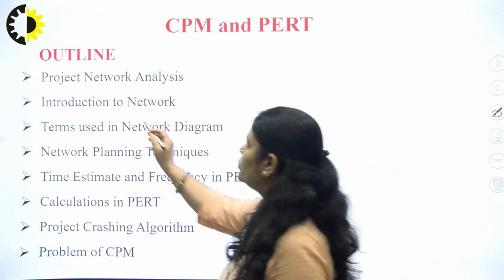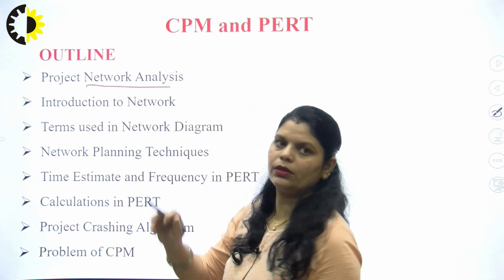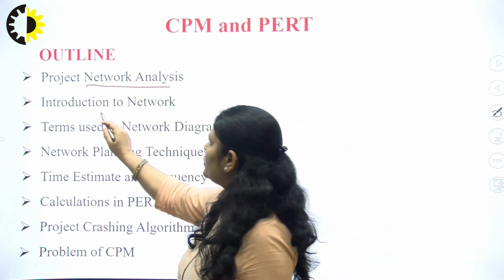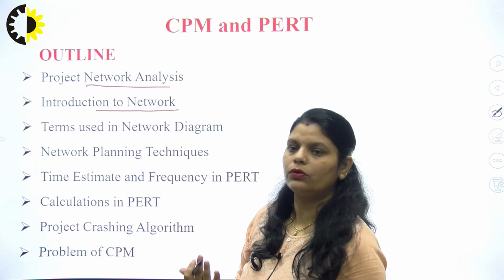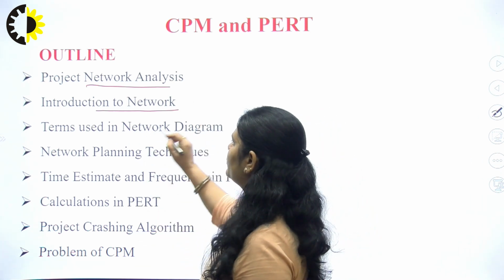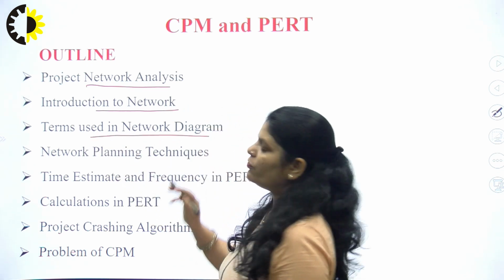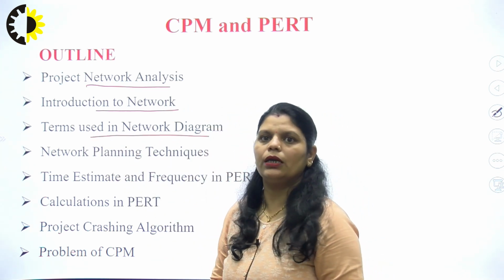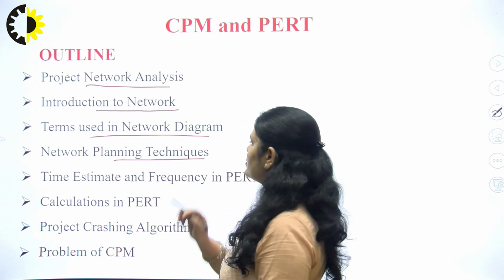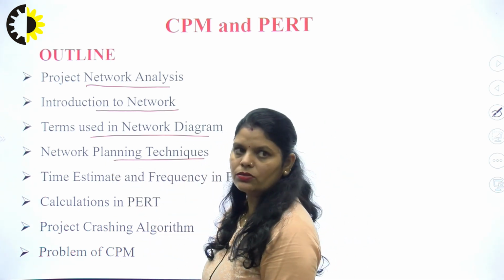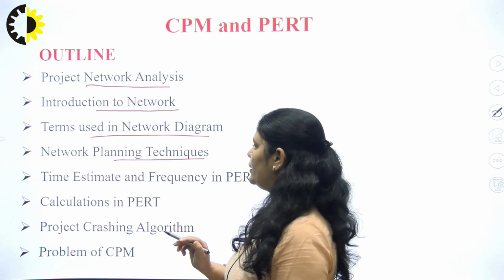First we are going to discuss the project network analysis, and after that we will discuss what is the network, how can we draw the network diagram. Then we will discuss the different terms that we use in the network diagram. And then we will discuss the different techniques of network planning.